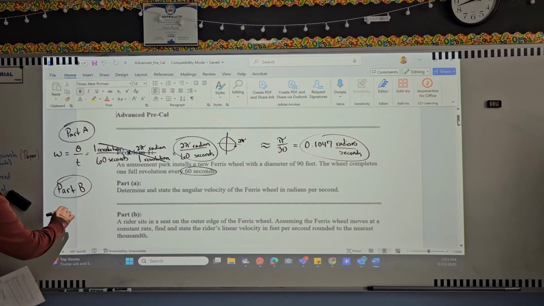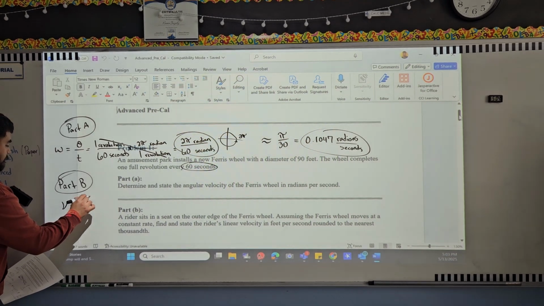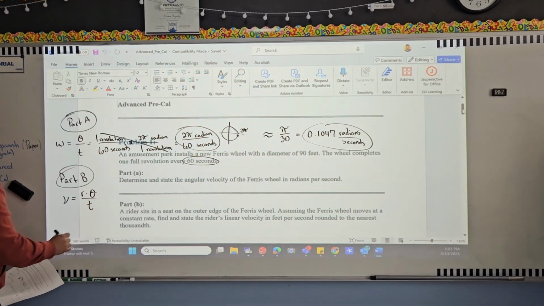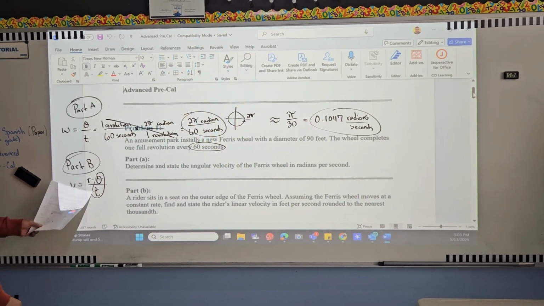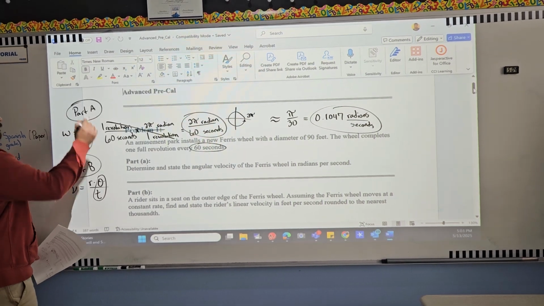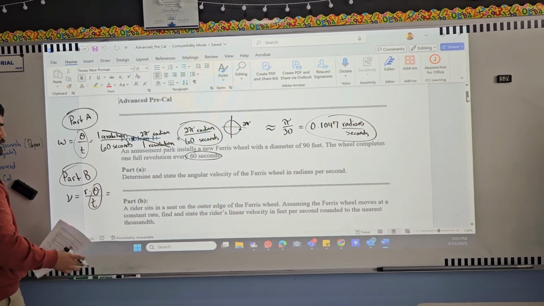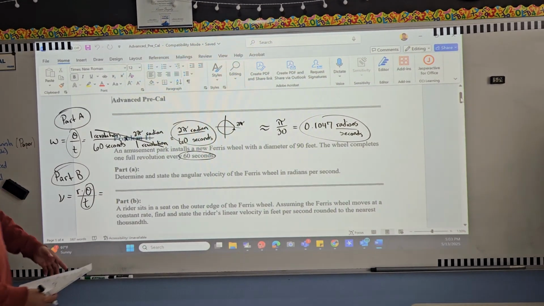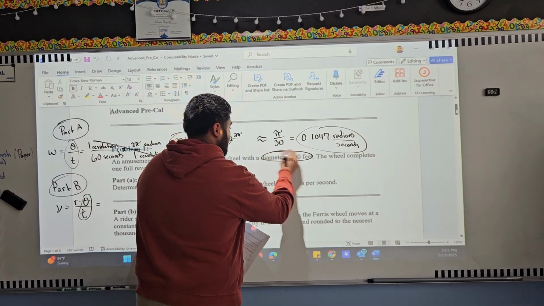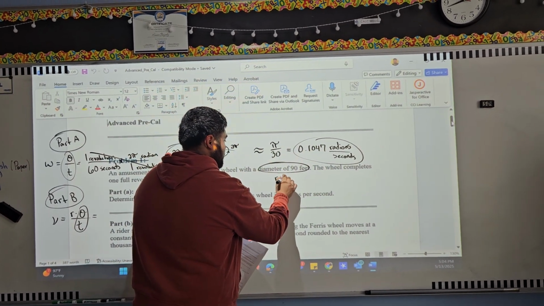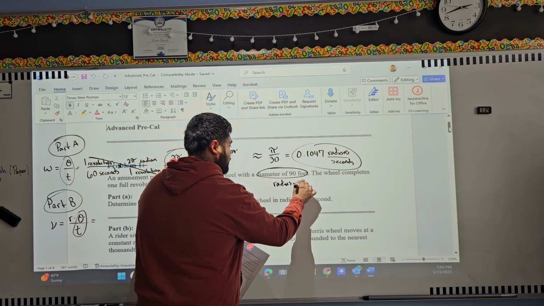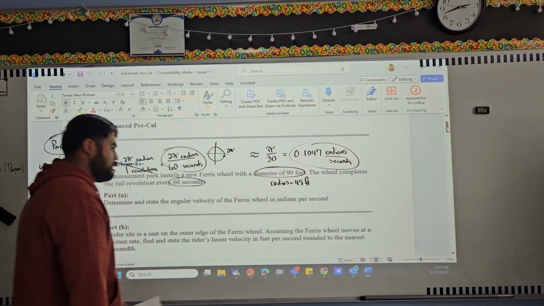This is equal to, and basically the same thing as before. If you notice this right here, theta over time, that's this right here. So we already have that. Radius. Radius is what? Well, diameter is 90, so take half of that. Radius equals 45 feet.